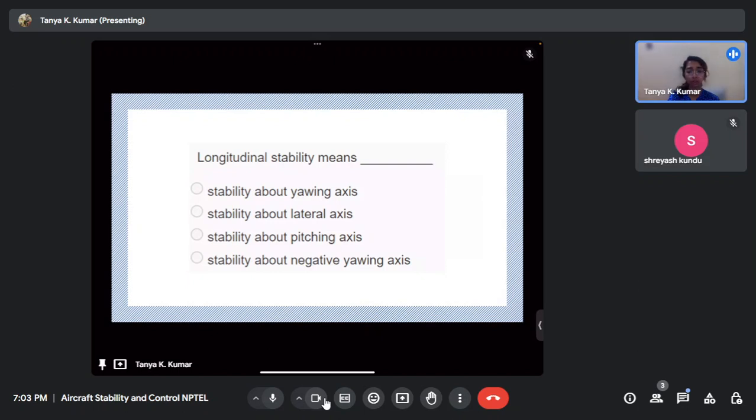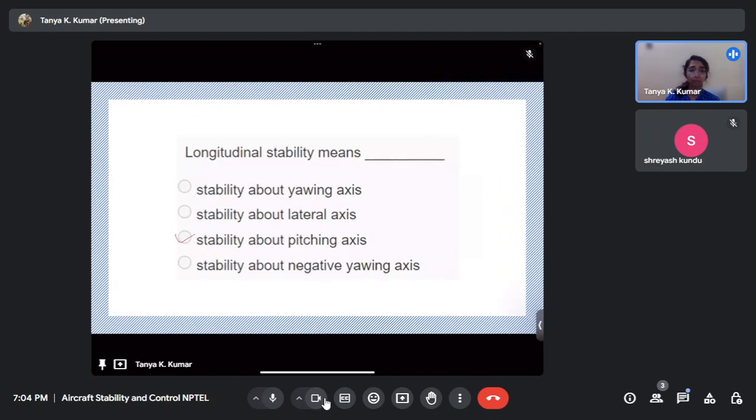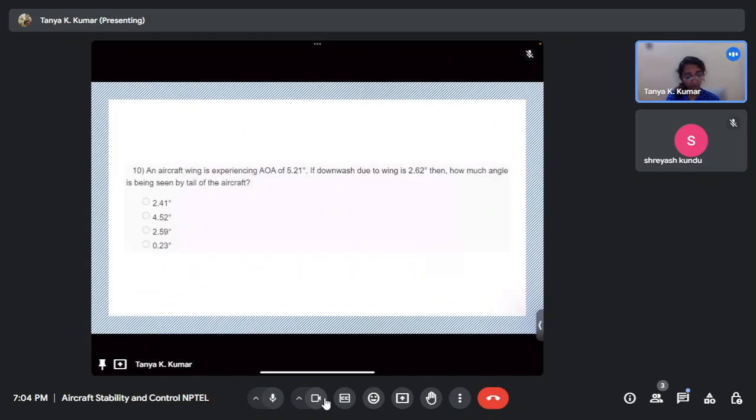So is it about yawing axis, lateral axis, pitching axis, or about the negative yawing axis? It's about the pitching axis, right? So you're taking Cm, pitching moment coefficient, so it's about the pitching axis. Okay. Now let's look at the next question.